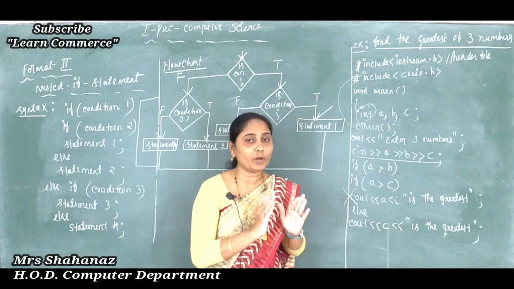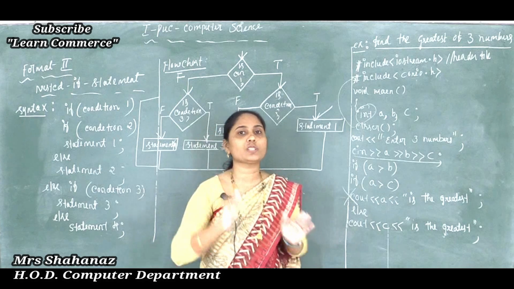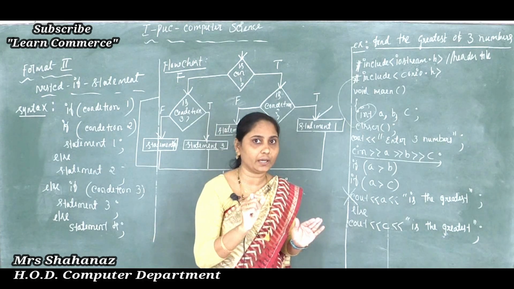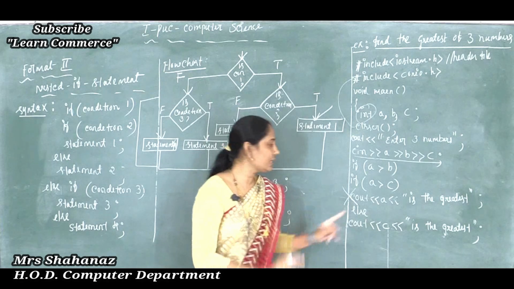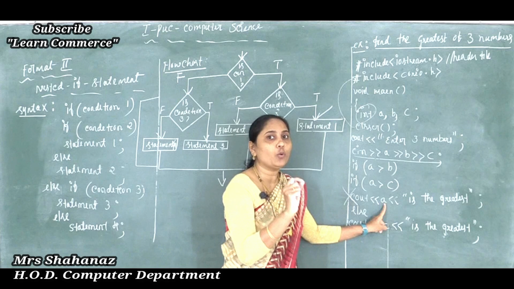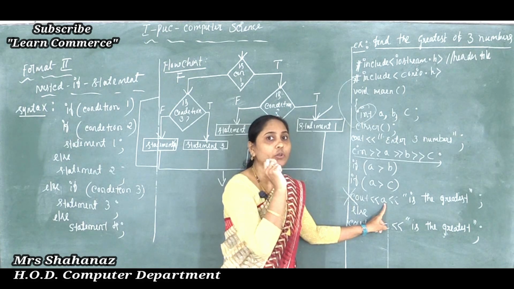When you open a double quotation, write something, and then close it, such a message is displayed on the screen here. But the second point is, if you are not using double quotation marks, then the value you provided to the variable is what will be displayed.